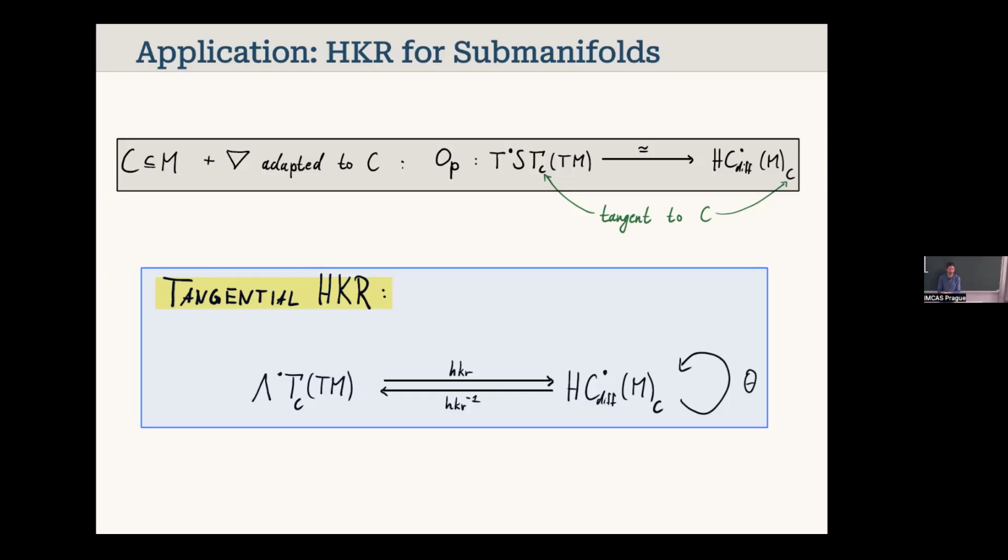Okay, and this Hochschild complex here controls the quantization that takes into account the submanifold. So we would like to compute the cohomology of this. But with our technology from before, we can directly do that. We just replace V now, not by all vector fields, but just the tangent vector fields, and we immediately get a tangential HKR theorem. Okay, and this can help us now to understand how we can quantize Poisson manifolds with submanifolds.